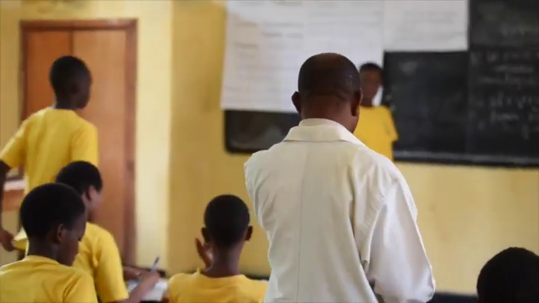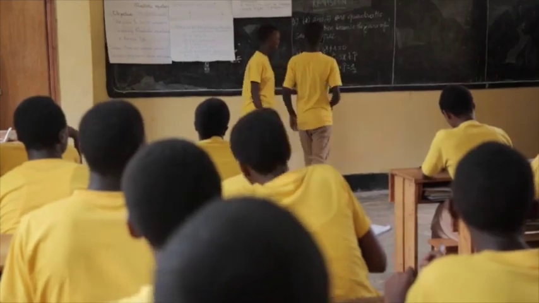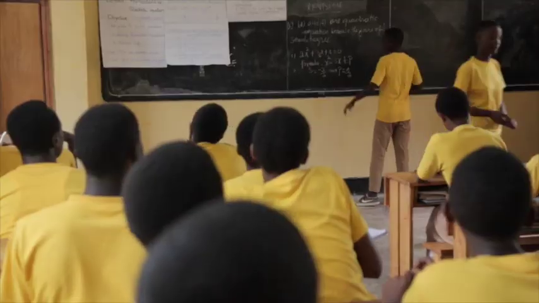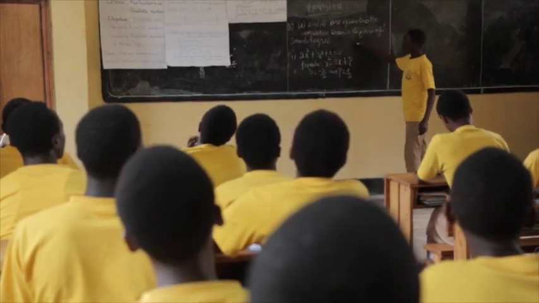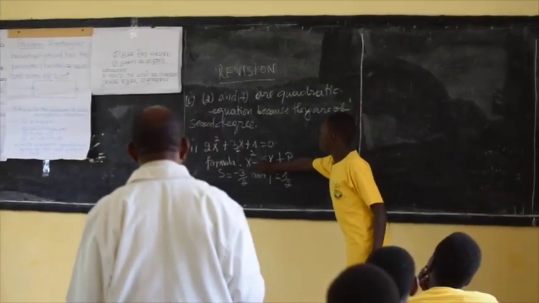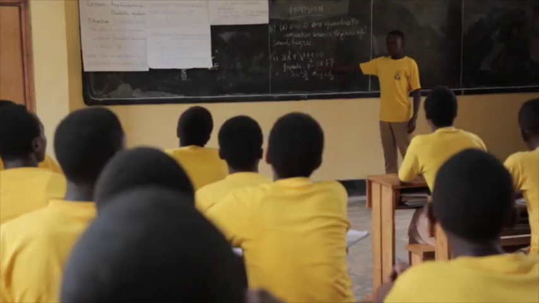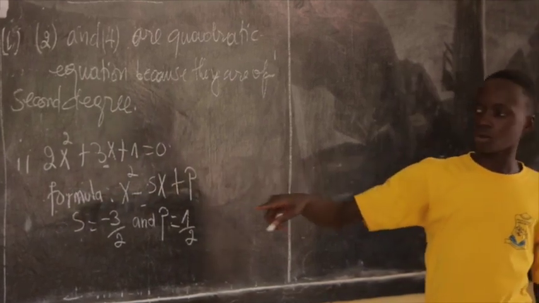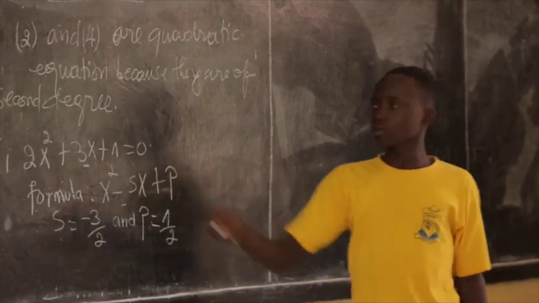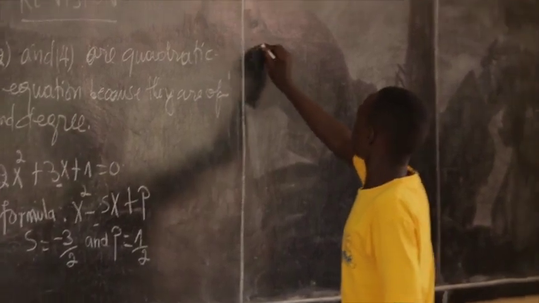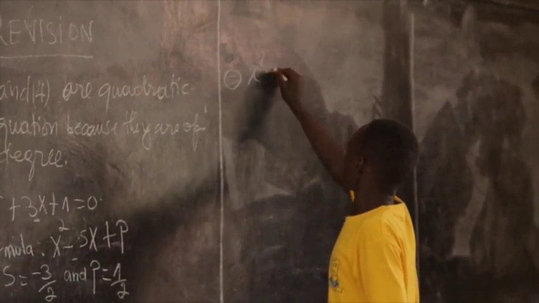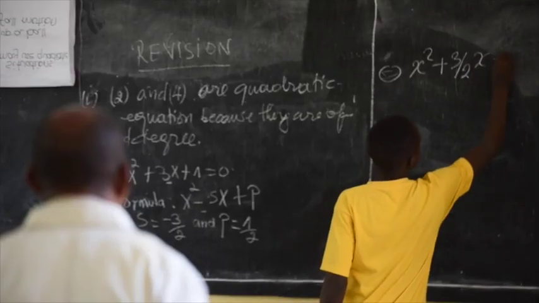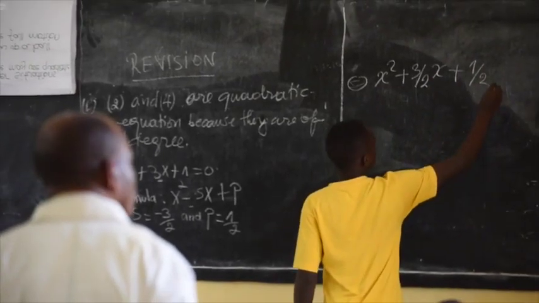So it is good. It can help you. As you know, the quadratic expression in terms of sum is like this. It means that the coefficient of x squared is 1. It means we divide both sides by the coefficient of x squared. We get x² plus 3 over 2 x plus 1 over 2 equal to 0.